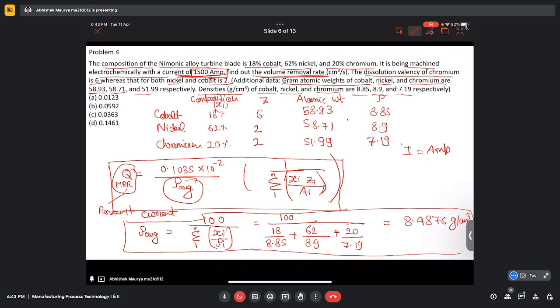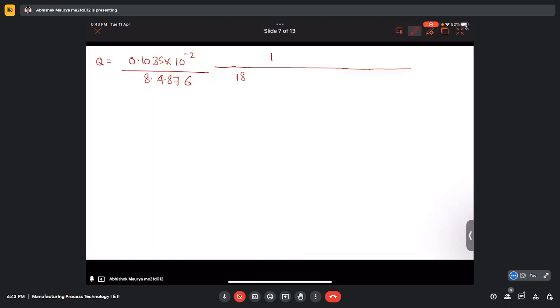That is the summation of composition into valency upon atomic weight. So this is for cobalt, and here this is for nickel, and lastly it is for chromium.